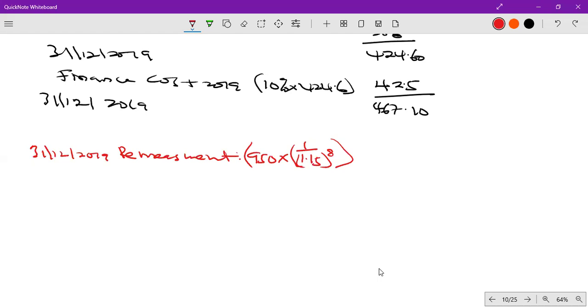Confused with the date? Don't be confused. We'll come back. 311. 1.15 raised to the power of -8 times 950 is giving us how much? 311.